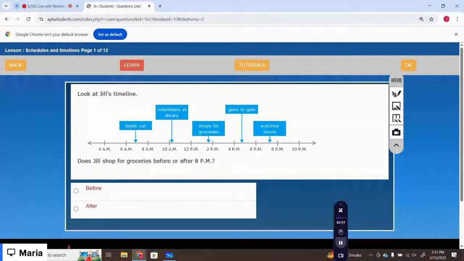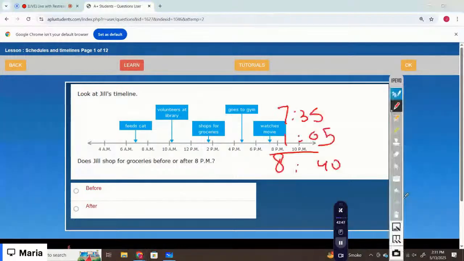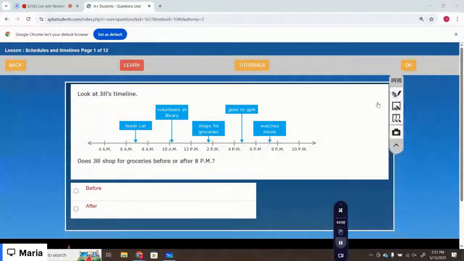Does Jill shop for groceries before or after 8 p.m.? Okay, where is 8 p.m.? Here is 8 p.m. And when does she shop for groceries? At 2 p.m. That is before 8 p.m., right? The correct option is before. Option number 1 is the correct option.